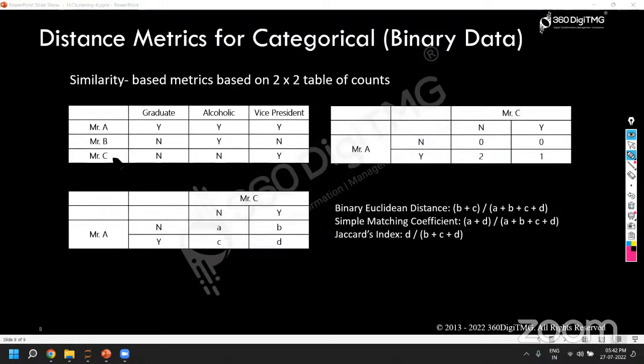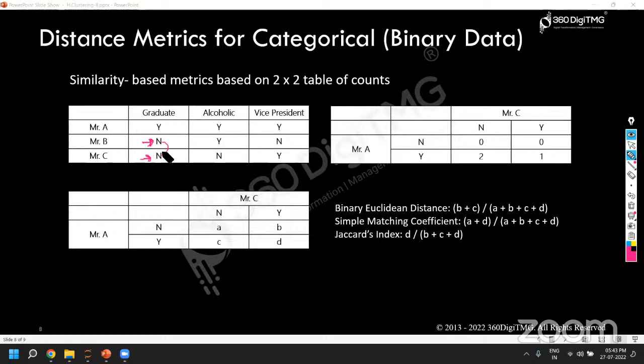So the logic says that if you have the value that A is not a graduate and C is also not a graduate, for example, these two are no's and no's, or if I talk about B and C, for example, here you see no and no. If both of them are no, then how can you conclude whether they are similar or dissimilar?